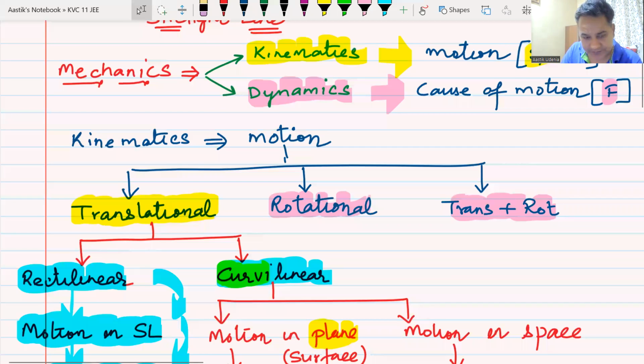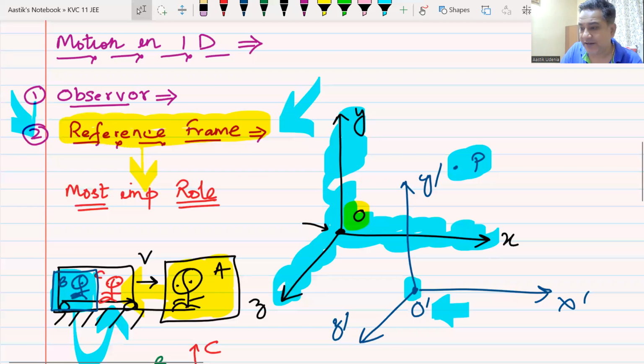In the previous lecture, we were trying to understand what motion is, what the types of motion are, what the branches of mechanics are, what we have to study, and what tools we require to study. We need an observer, we need a reference frame, and we need a timing device. Do we remember this? Everyone remembers it?